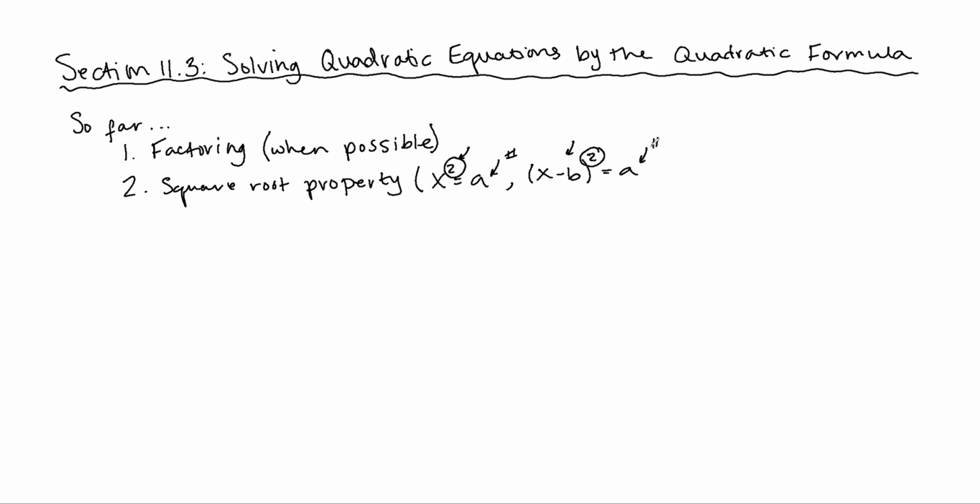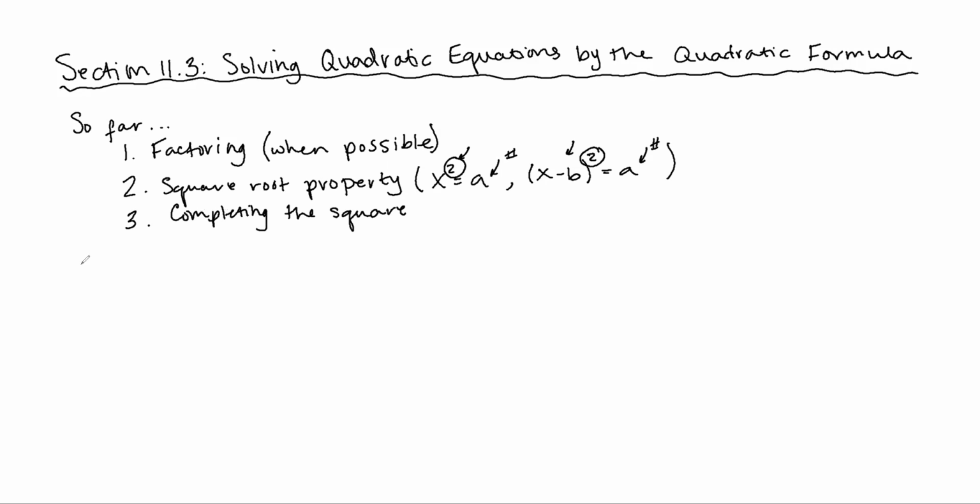As long as it's a number on the right, not another variable, you can use the square root property. Thirdly, we went through completing the square. Again, that method just isn't super nice, but you will use it in Math 126. So you do want to know how to do it.